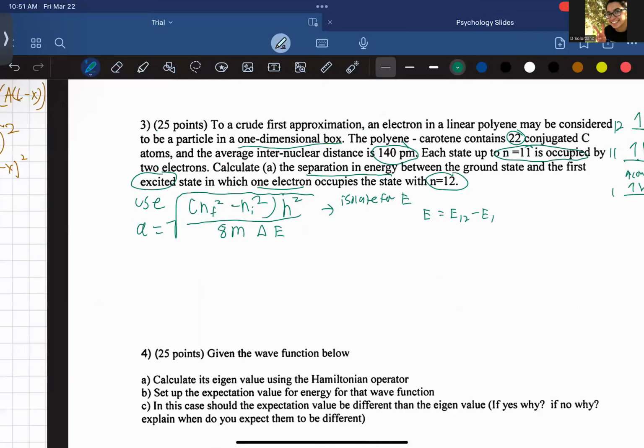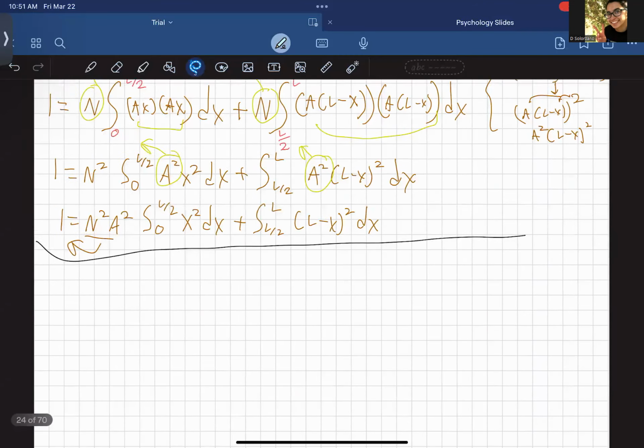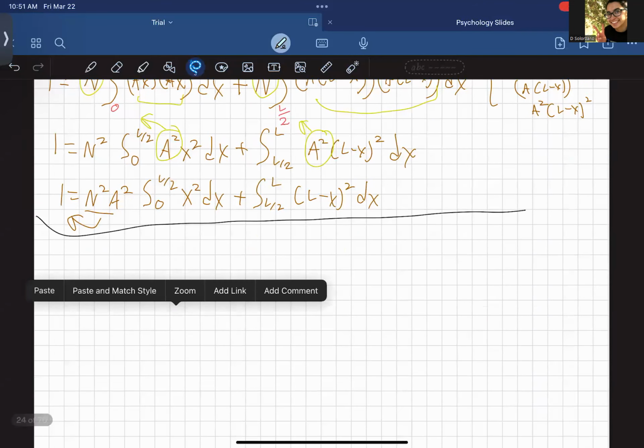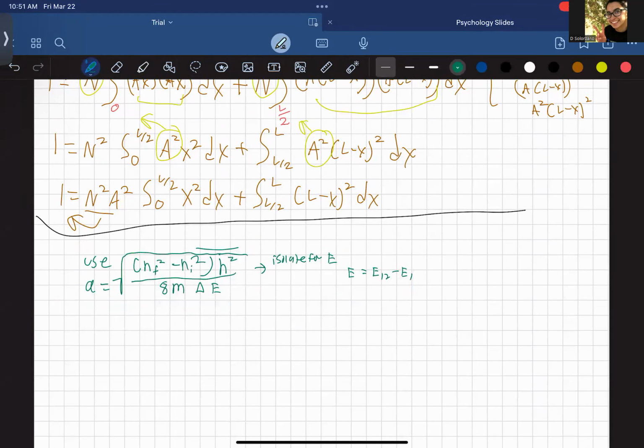So I'm gonna do this in the other paper just because it'll help. Let's get the circle one. And then this is for number 3. Cool.